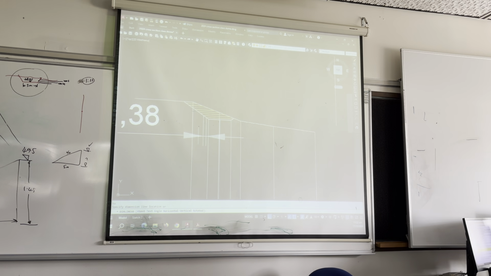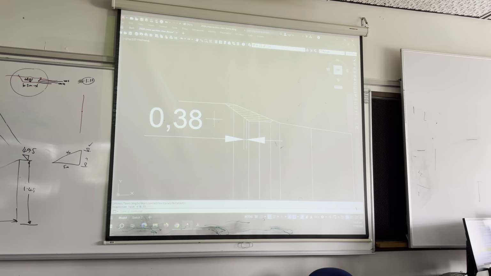Okay, if you can excuse the large text, it's 0.38. Now why would that be 0.38 and the height is 0.25? Not quite, but what you're indicating is that the triangle of the batter is 1.5 by 1.